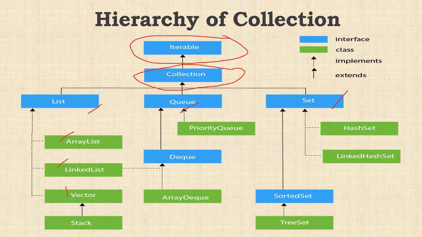And Stack is a class that extends Vector, and Vector implements the List interface. For Queue, we have PriorityQueue, Deque, ArrayDeque. For Set, we have HashSet, LinkedHashSet, SortedSet, TreeSet. But now we are concentrating only on Stack. I showed you this picture for complete understanding.